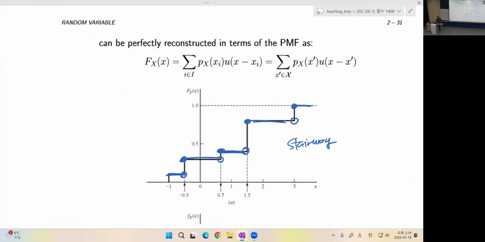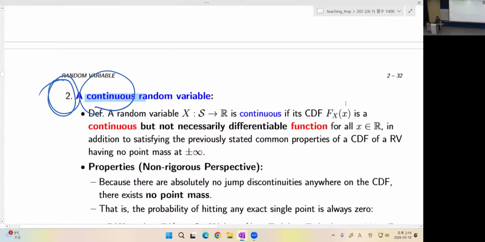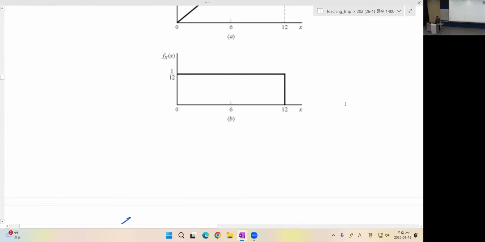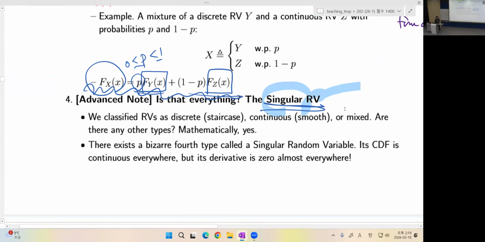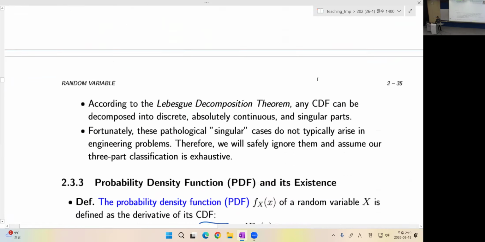And sometimes we have a CDF that is a weighted sum of this type of function and a continuous function. In that case, we call the random variable a mixed random variable. By the way, there is another class of random variables called the singular random variable, but that is almost not considered in engineering problems. So just remember, there are 4 types of random variables, but one is just not that important for us. Got it?